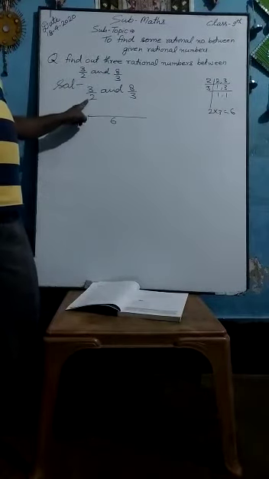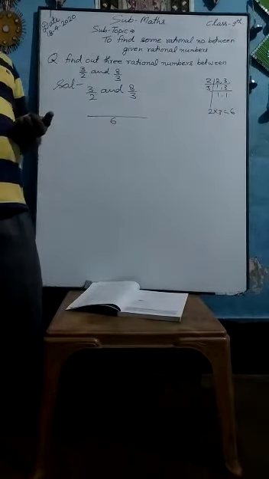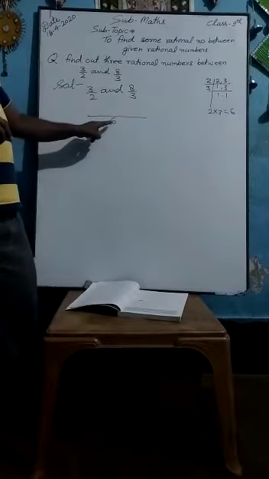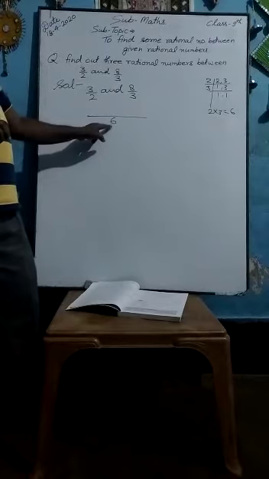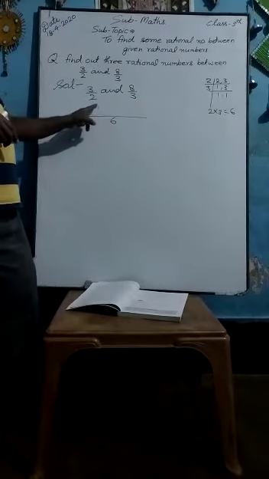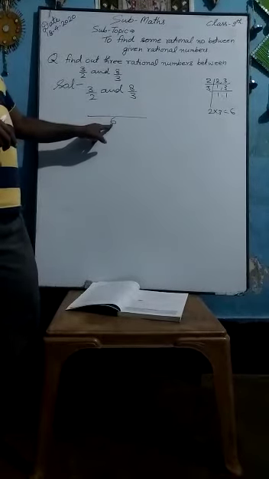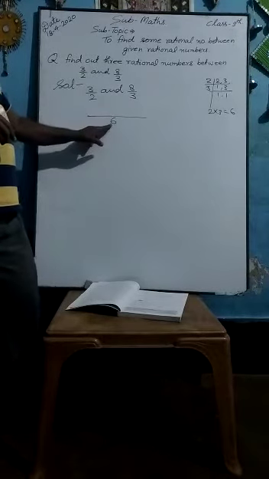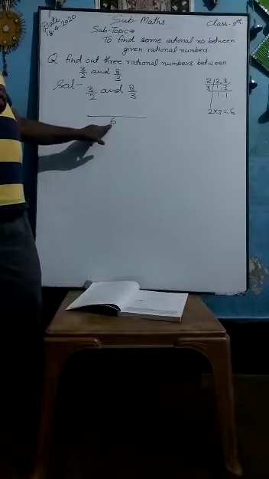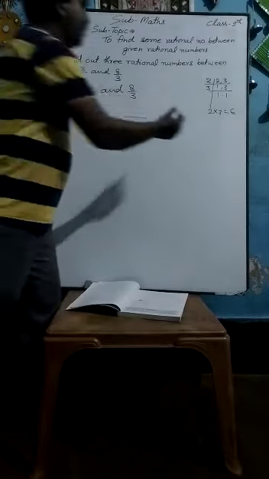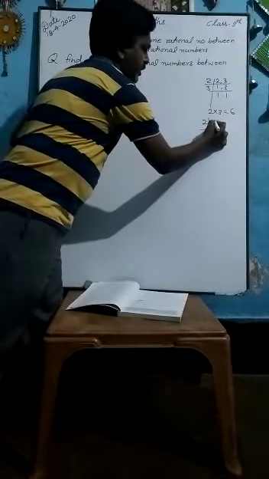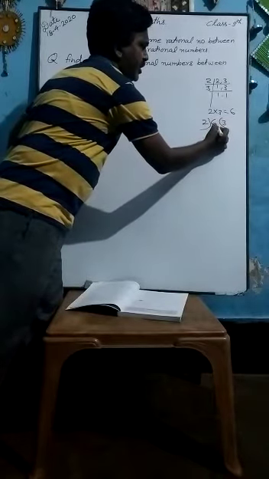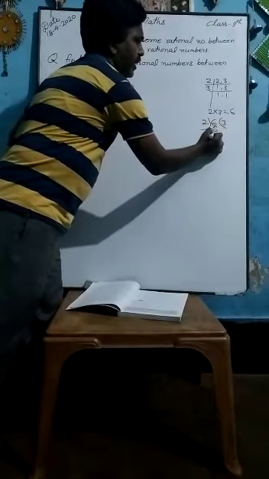Then, just like addition of rational numbers, first divide this LCM by the first denominator. When you divide 6 by 2, you get the quotient 3.